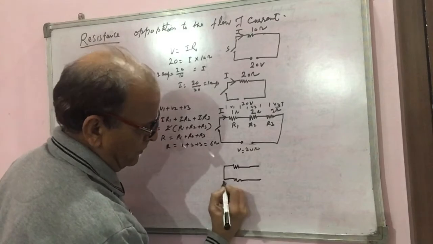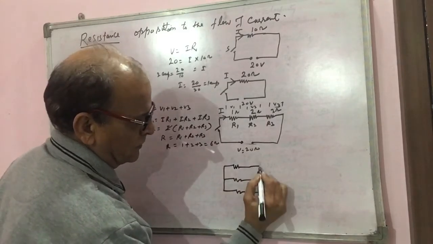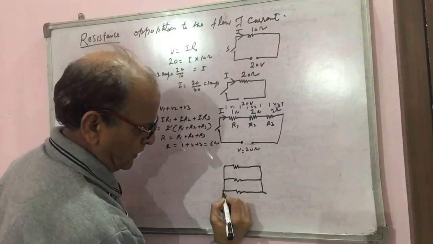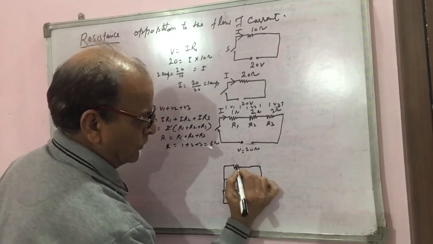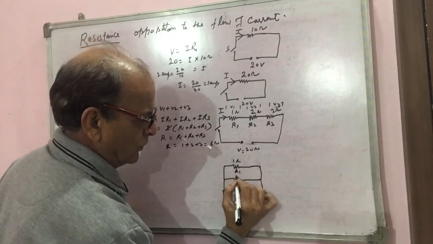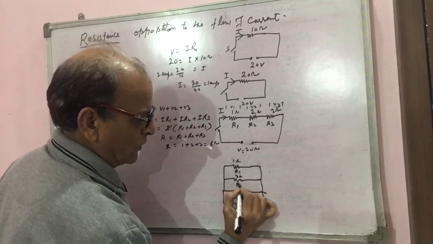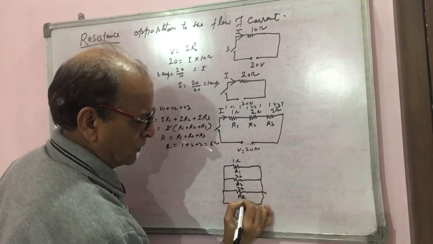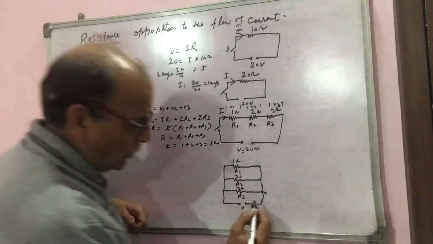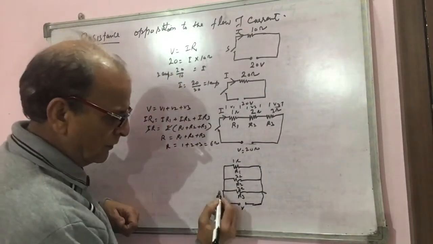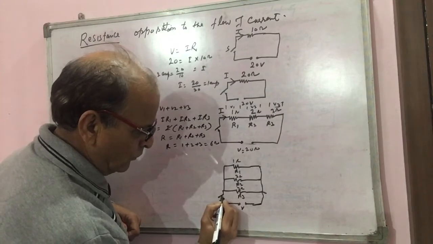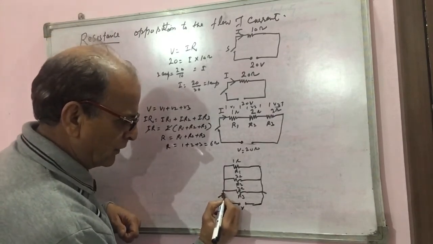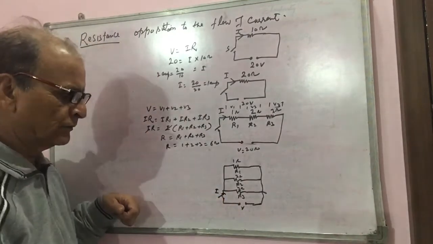Let these same three resistances be connected in parallel across a voltage source V: 1 ohm, 2 ohm, R2, 3 ohm, R3. Now in a parallel circuit, when we close this switch, a current I will flow through this circuit.